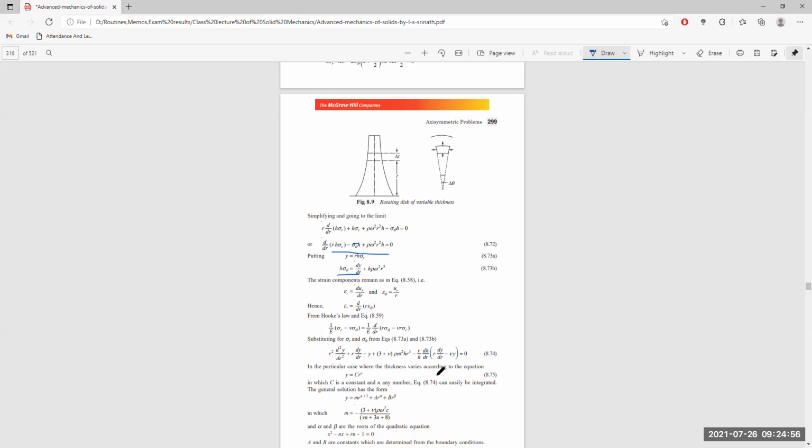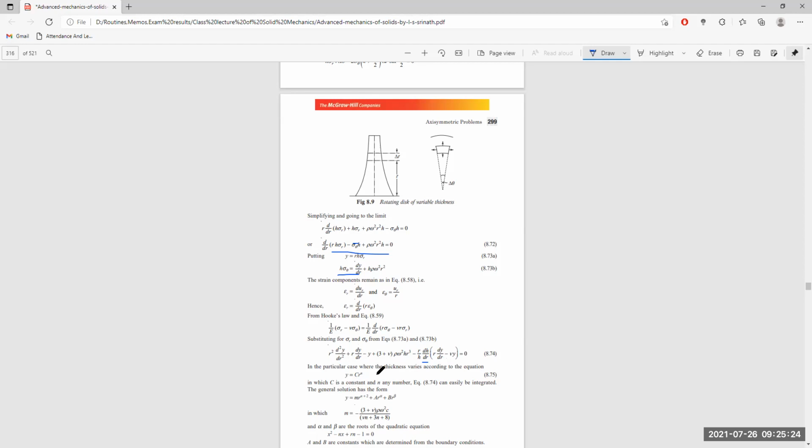Thickness also changing according to the equation, because everywhere we have replaced y as r into h into sigma r, and we are differentiating y with respect to r everywhere here, and here. So the thickness is varying according to the equation. Y is given as r h sigma theta is equal to c r to the power n.